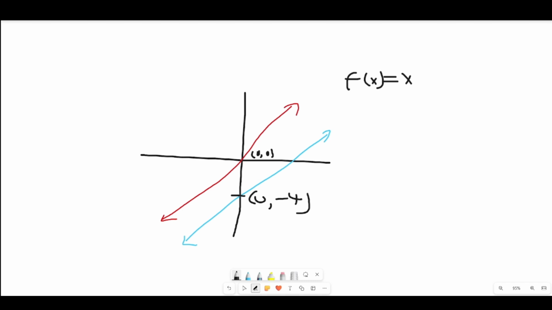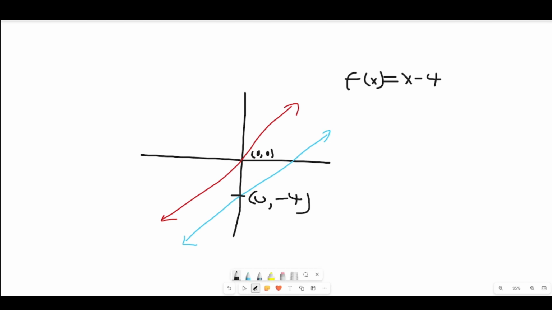So this means that it was translated 4 units down. So we know this would be f of x minus 4. If that makes sense. This is also, in fact, the equation of this graph. So that's your translations, a quick example. I'll go through more examples after this.